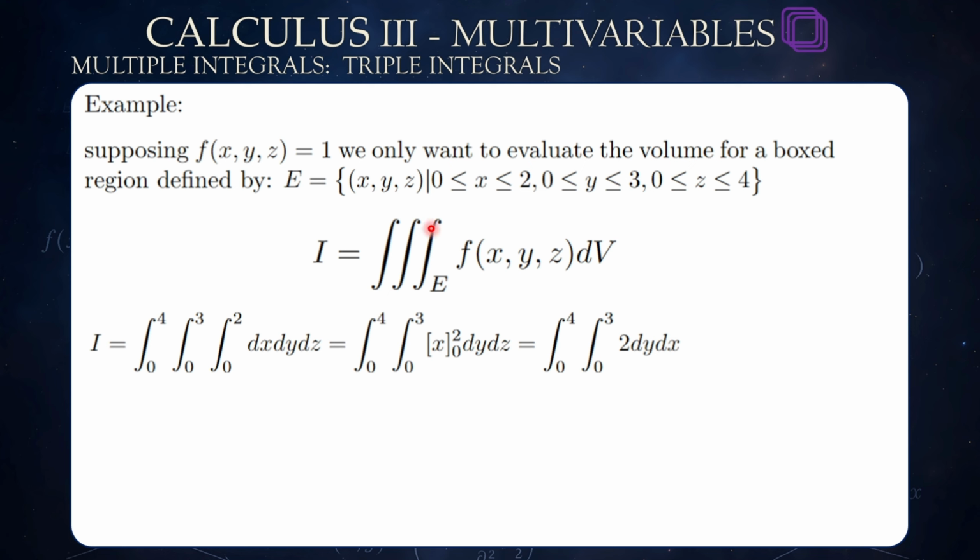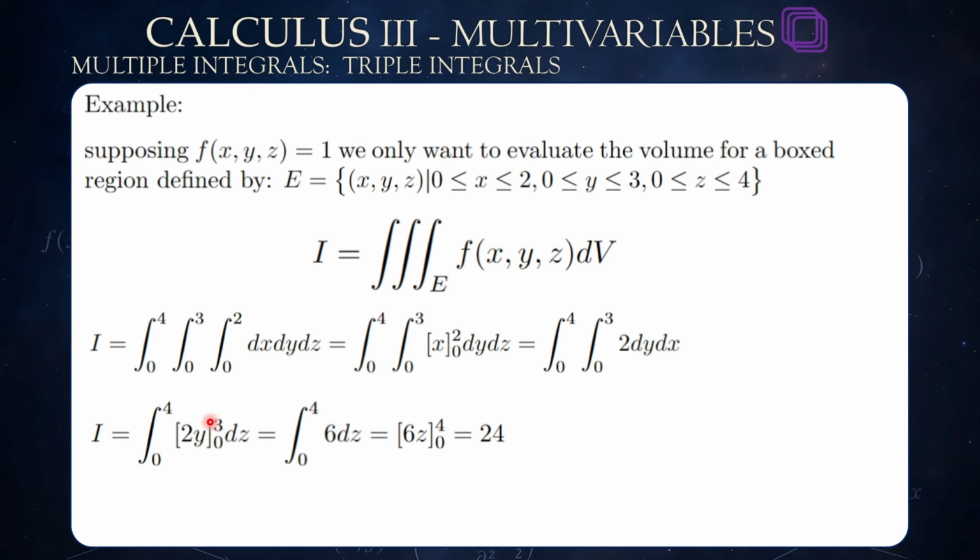So I is equal to integral from 0 to 4 for dz, integral from 0 to 3 for dy, and integral from 0 to 2 for dx, which is equal to integral from 0 to 4, integral from 0 to 3, x between 2 and 0. So we started with x, okay? Integral of 1 with respect to dx is x between 2 and 0, dy dz, equal to integral from 0 to 4, integral from 0 to 3 of 2 dy, which becomes 2y.